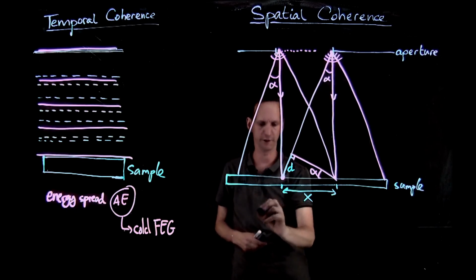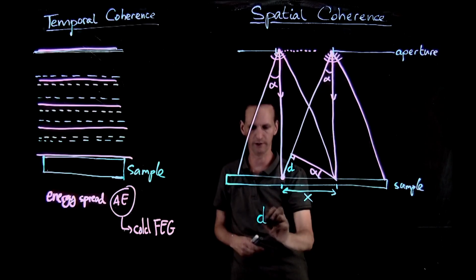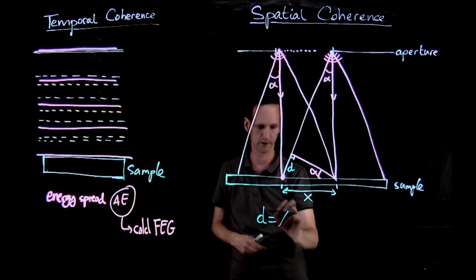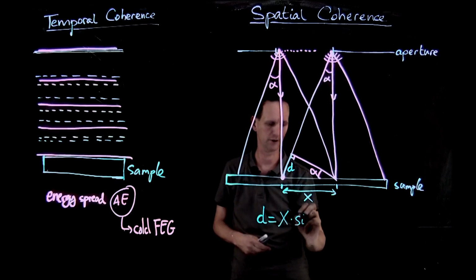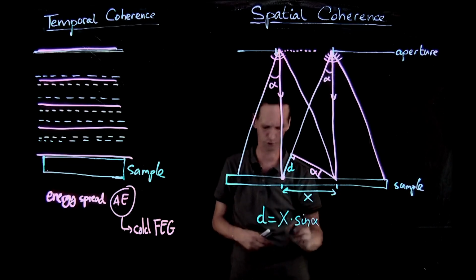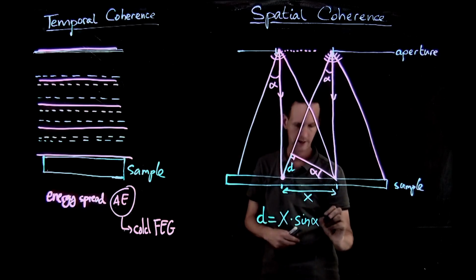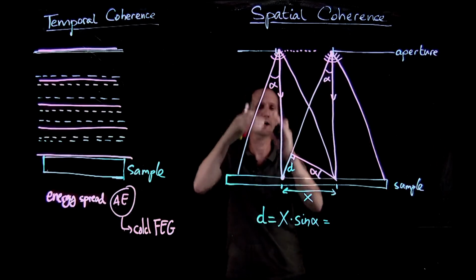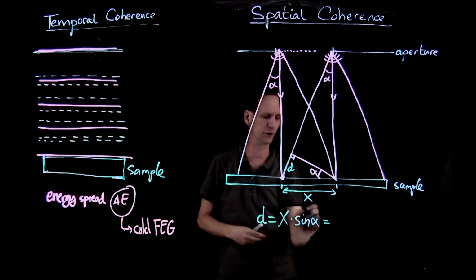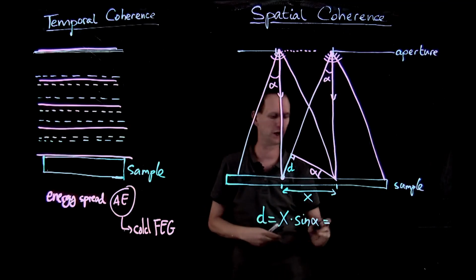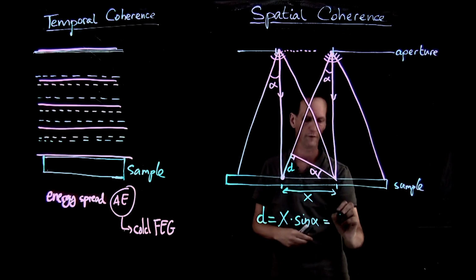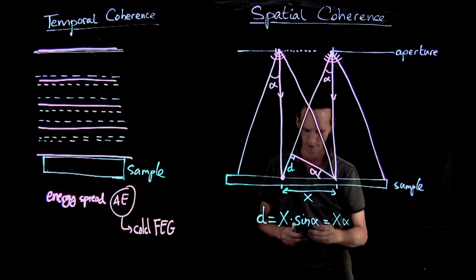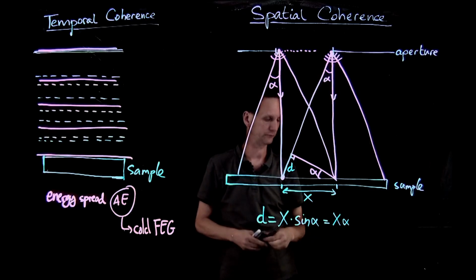And so the path length difference, we can write d is x times the sine of alpha from simple goniometry. And we have seen that in electron microscopy the opening angles alpha are always very small, so that we can approximate the sine of alpha with the value of alpha in radians. So this equates to x times alpha.